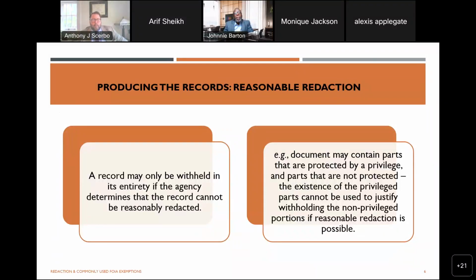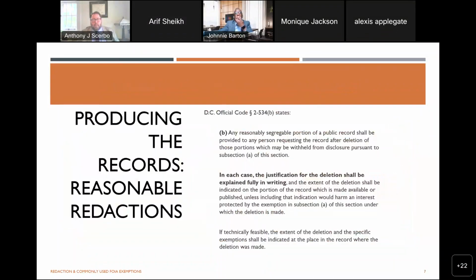The record can only be withheld in its entirety if your agency or the relevant agency determines that the record can't be reasonably redacted. So the document has to contain parts that are protected by one of the privileges and parts that are not protected. And the existence of the privileged parts, meaning the stuff that is blacked out, redacted, can't be used to justify withholding the other parts.